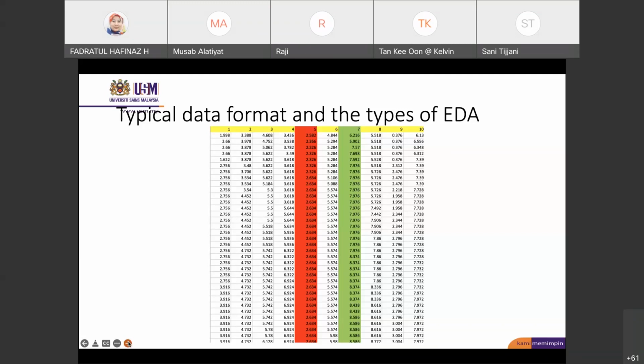Okay, so if you have a look in detail at the data set, it has lots of numbers, 1.998 until 7, right? And if you look into this data set, you will see 2 columns, in red and also green.